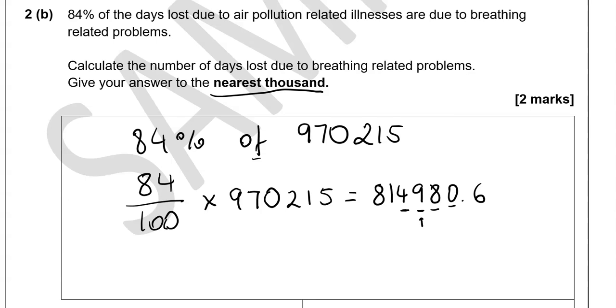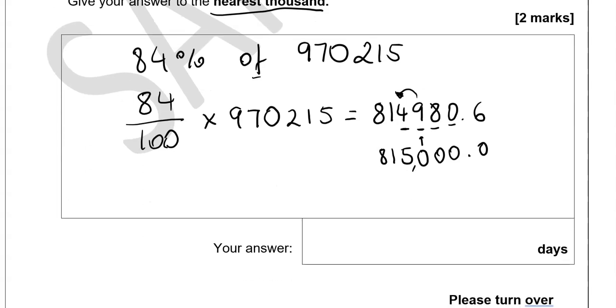And that means we've got to round the 4 up, because this is higher than 5. So we're going to make the 4 a 5. The digits after will become zeros. Digits before will stay the same. So we've got 815,000.